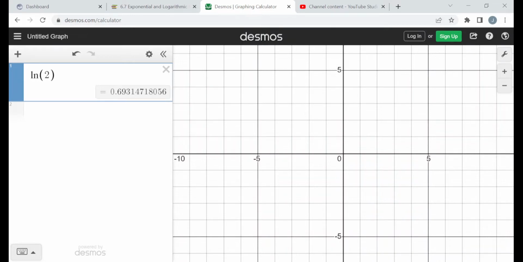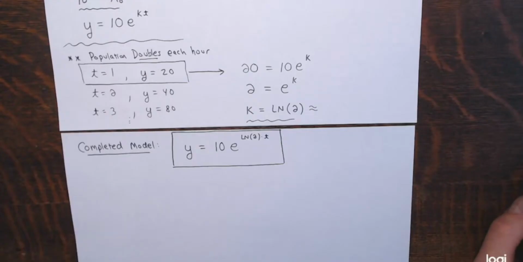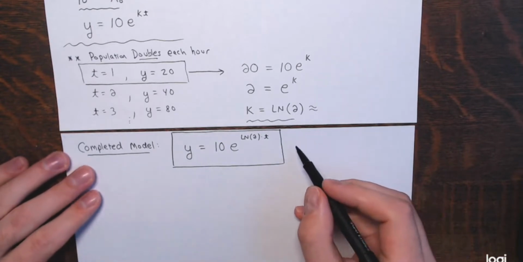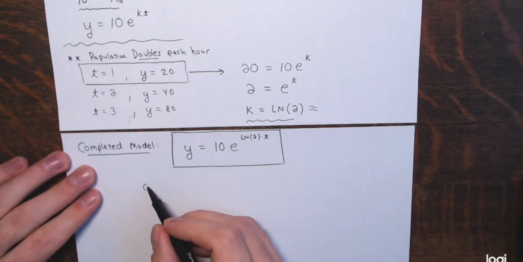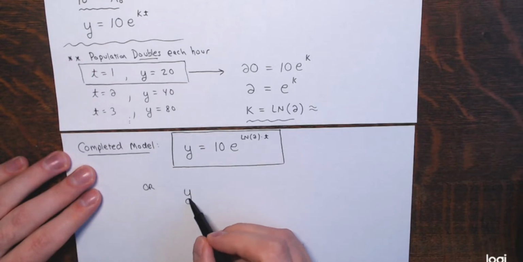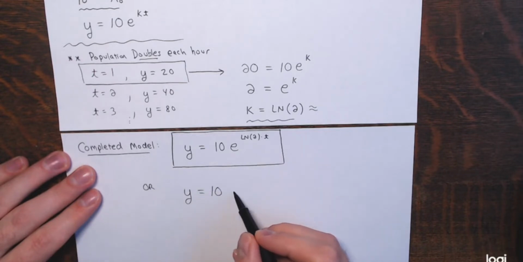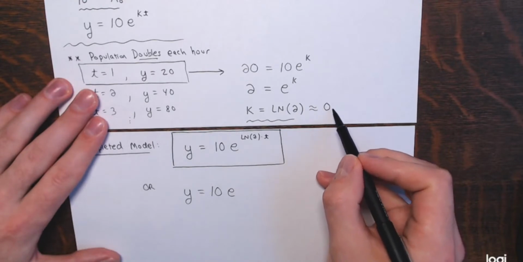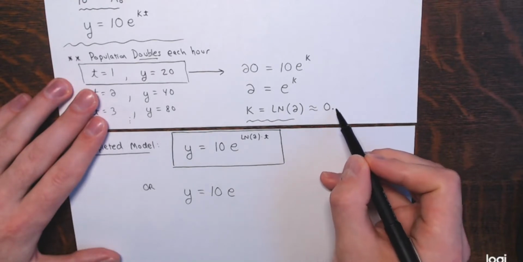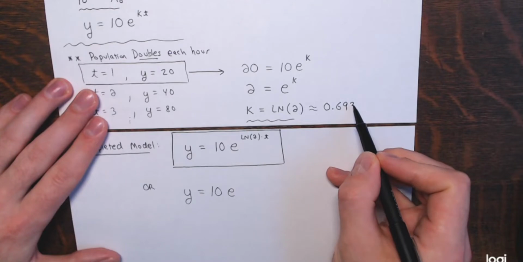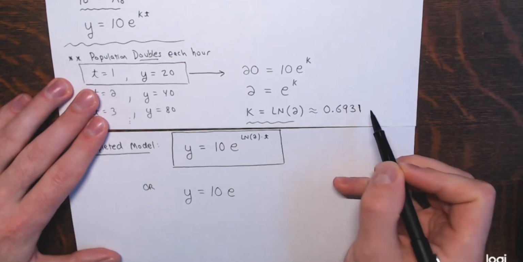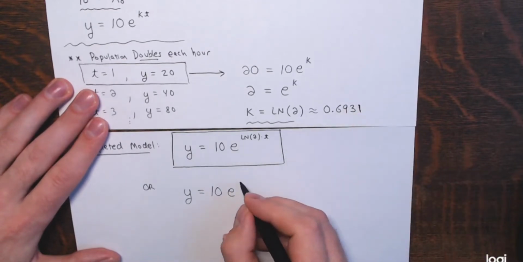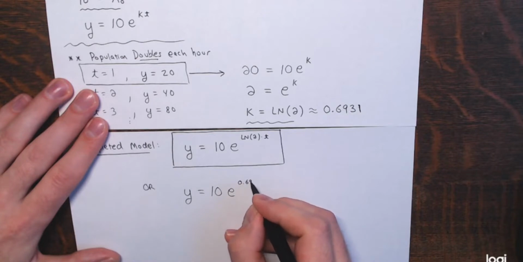So I've seen people do this as well. I don't particularly like doing this, but we could also do this. We say y equals 10 times e to the natural log of 2, which is approximately 0.6931 if I round to 4 decimal places, so 0.6931 times t power.